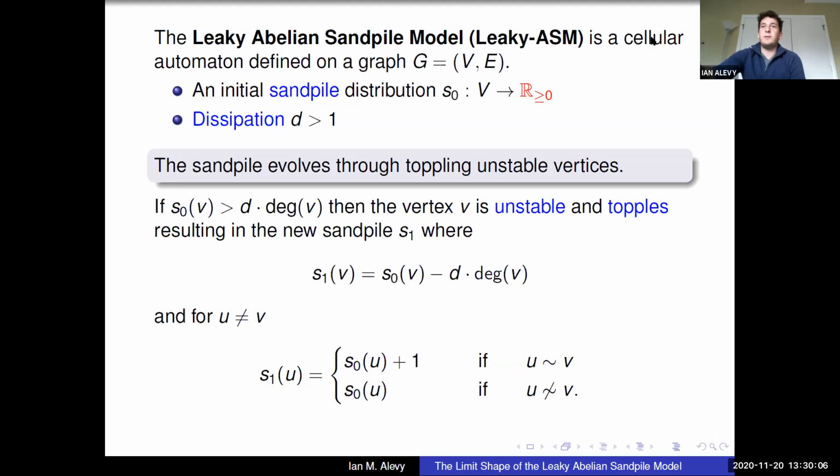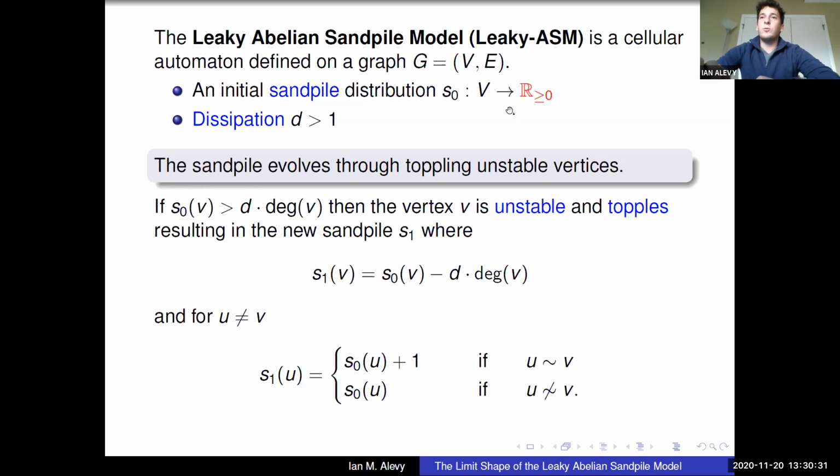Let me explain what the Leaky Abelian Sandpile model is. For shorthand, I'll call it Leaky-ASM because it's kind of long. It's a cellular automaton defined on a graph G with vertices V and edges E. It takes an initial sandpile distribution, S naught, which represents the amount of sand at each vertex in the graph.